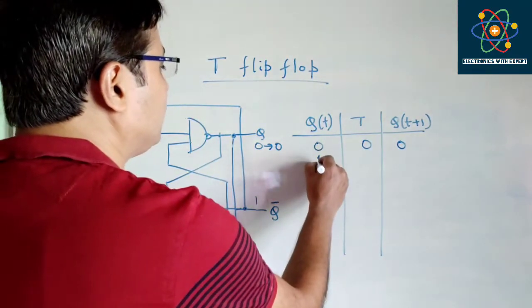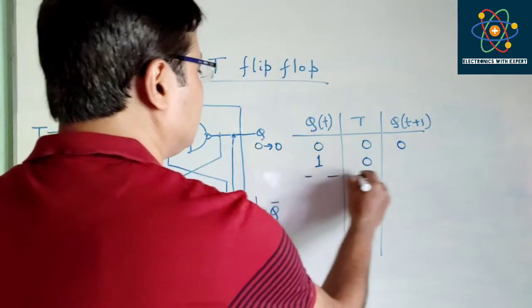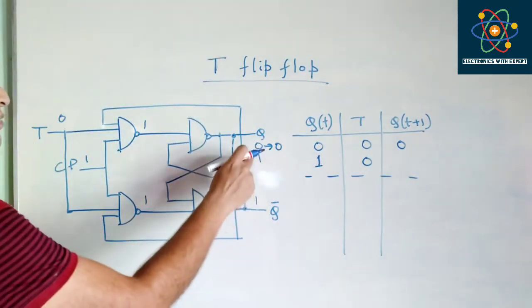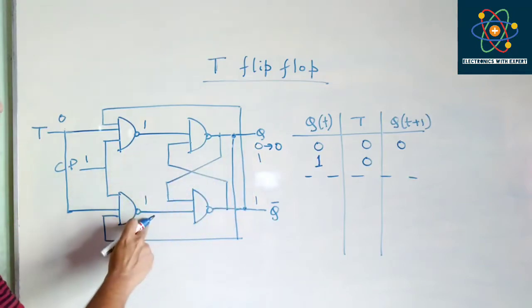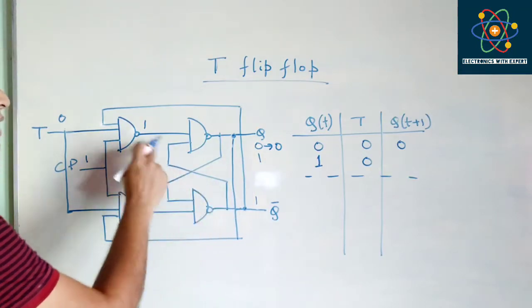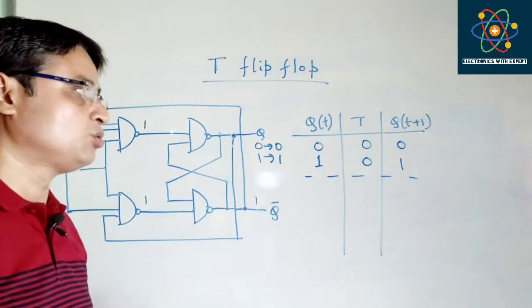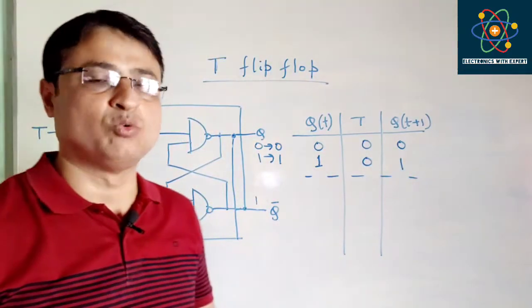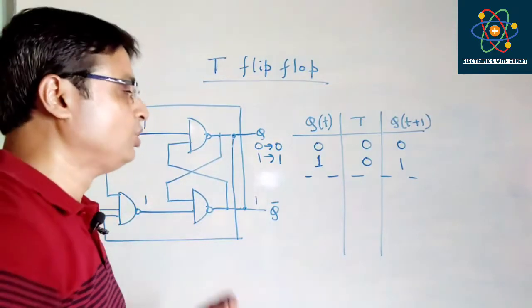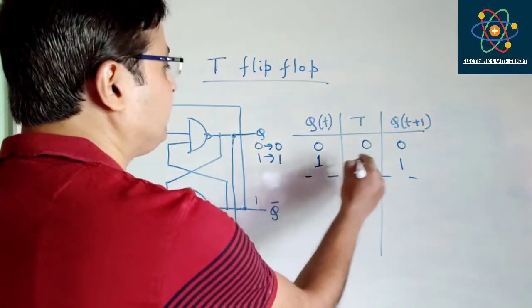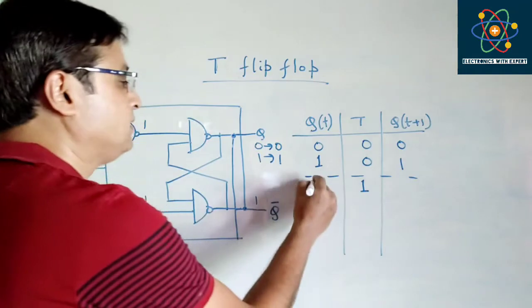For Qt equals 1, again for T equals 0, what happens? If this is 1, so 1 and 1 makes this 0, 0 and 1 makes this 1. So Qt plus 1 equals 1 if Qt equals 1 and T equals 0. Now if T equals 1, what happens?